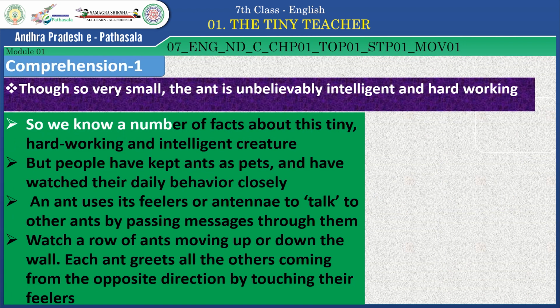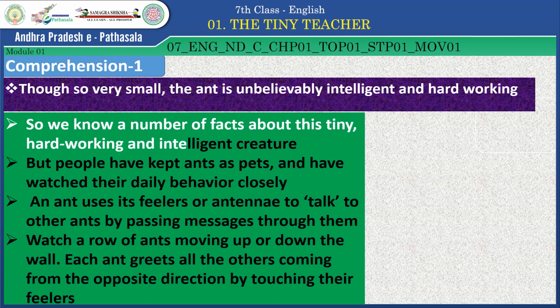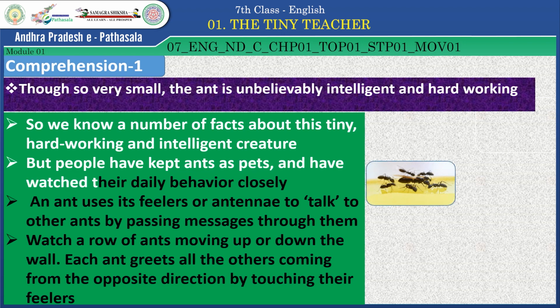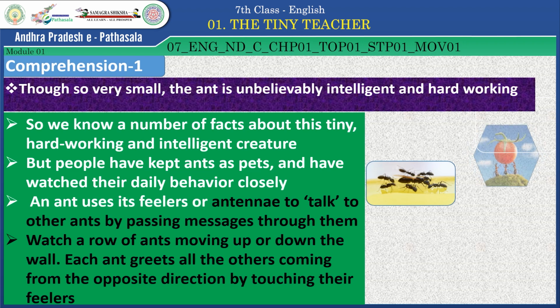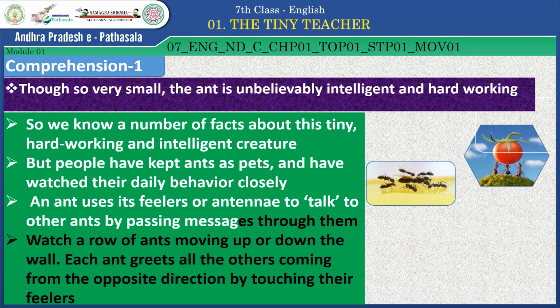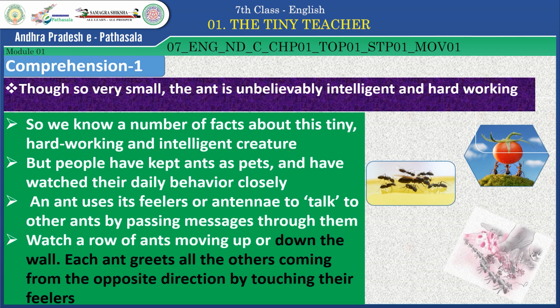So, we know a number of facts about this tiny, hardworking, and intelligent creature. But people have kept ants as pets and have watched their daily behavior closely. An ant uses its feelers or antenna to talk to other ants by passing messages through them. Watch a row of ants moving up or down the wall.